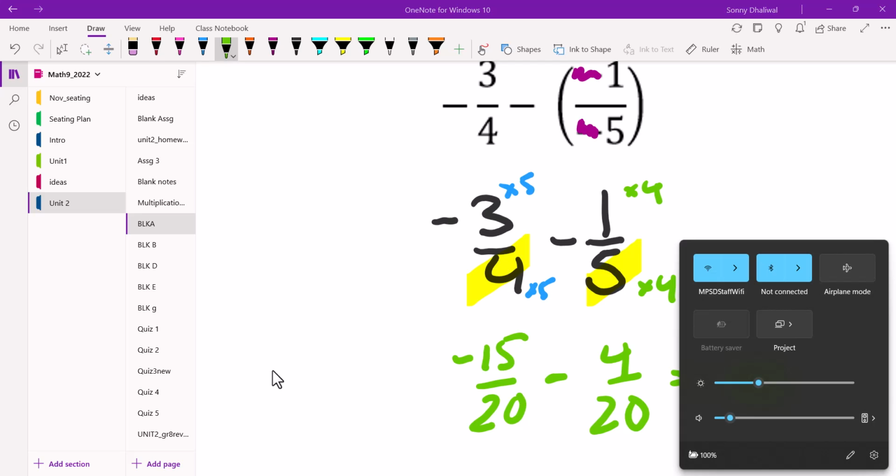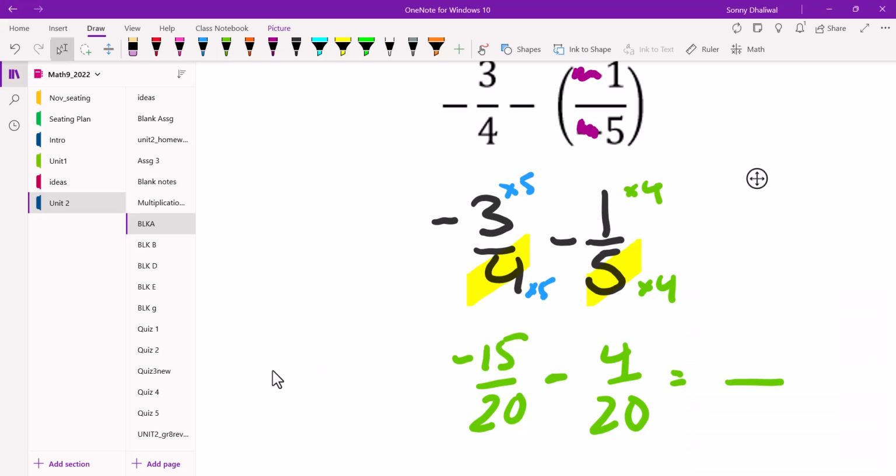What's the bottom number for a combined fraction? Damien? 400. No. 20. It doesn't change. When you're adding and subtracting, you're saying, how many slices of 20 do we have? Well, we have negative 15 slices of 20 here, negative 4 slices of 20. How many do we have all together? So now, the top. Some of you may find it helpful to just write the tops off to the side and look at it.